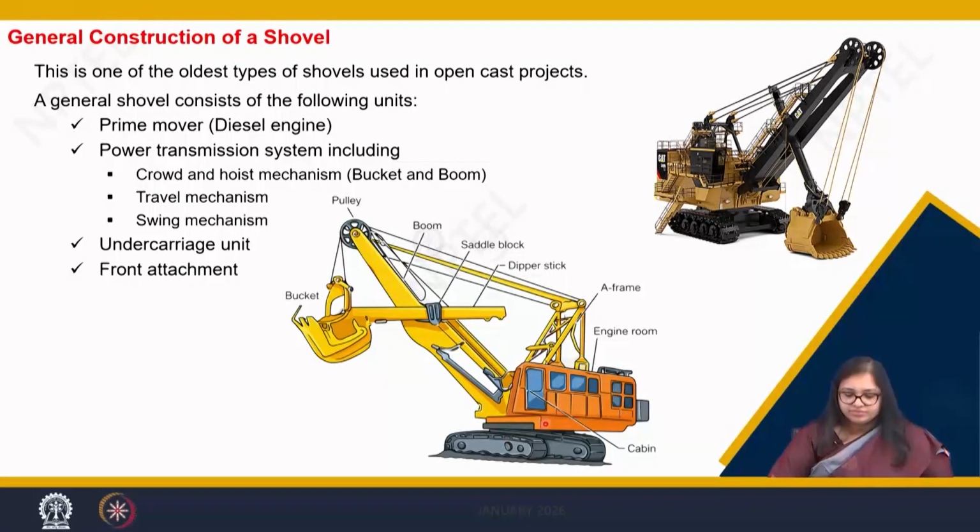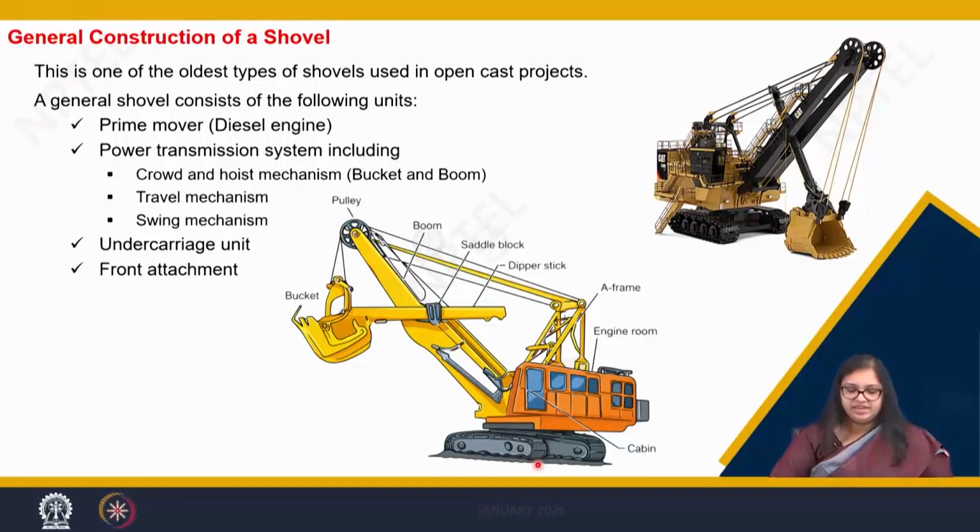Now the crawler, this is the head which houses the engine room, and then comes the leg, which are the crawlers. In the head there is also the operator's cabin, and there is also the turntable which helps in the swinging action of this complete machine.